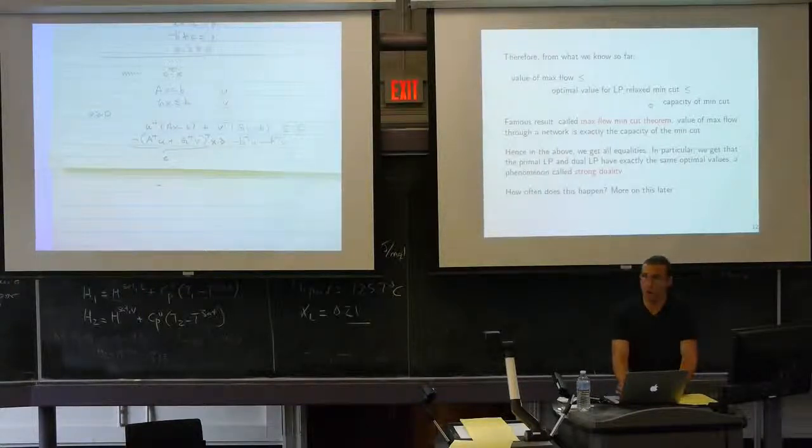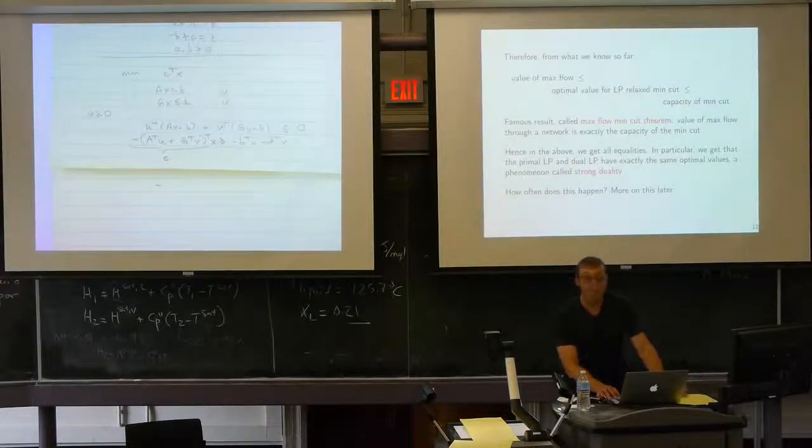And moreover, what we're going to learn when we talk more about duality is that we can get the solution to one problem from solutions of the other. So they're all equivalent in terms of solving them. Not only are the optimal criterions equal, we can actually characterize solutions of one in terms of solutions of the other. So this was a very big find for people who worked in the field, in either field, max flow and min-cut.